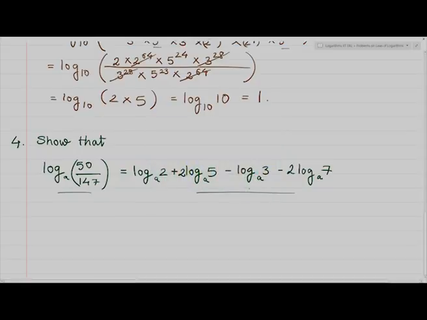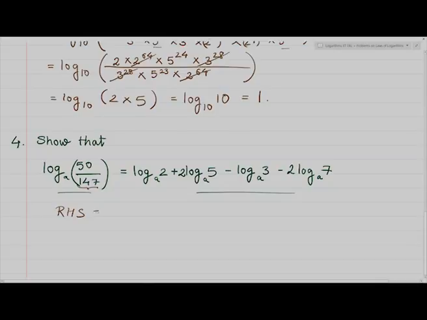Now, if you start with the left hand side, for 147 you need to find some easy numbers like 2, 3, 7, 5 or 7, right. So, this may be difficult for us. So, instead of that we can start with the right hand side and try to solve this problem.